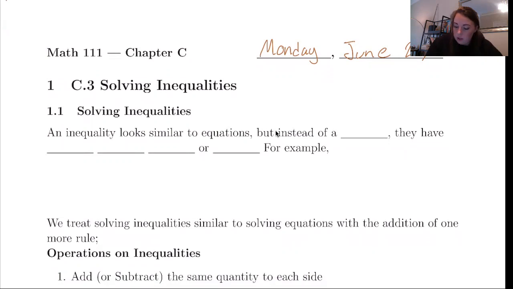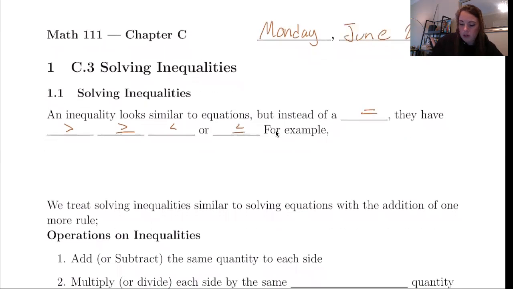So an inequality looks similar to an equation, but instead of an equal sign, we're going to have something less than or equal to, a line under it, kind of half of the equal sign, the two lines. We'll have greater than, less than or equal to, right?